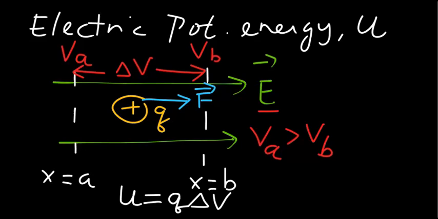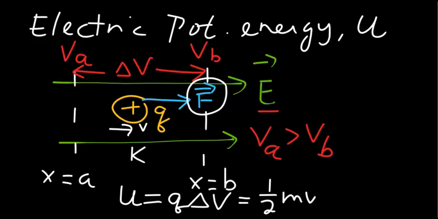Since the charge itself is moving, because we know there is force involved, it must also have a certain speed. Speed indicates kinetic energy. So that means one could equate this electric potential energy to kinetic energy by using the principle of conservation of energy. Or more accurately, since there is a force, the charge is accelerating. Let's assume the speed of that charge at that point is v_i.